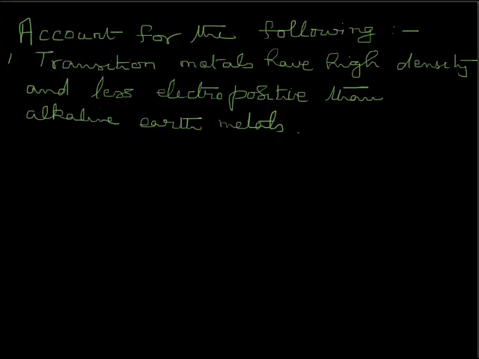Hence, the size is less compared to that of the alkaline earth metal. So, charge by size ratio is high, due to which they are less electropositive than the alkaline earth metals. You are required to write the answer in the following way, which I will be giving you now.